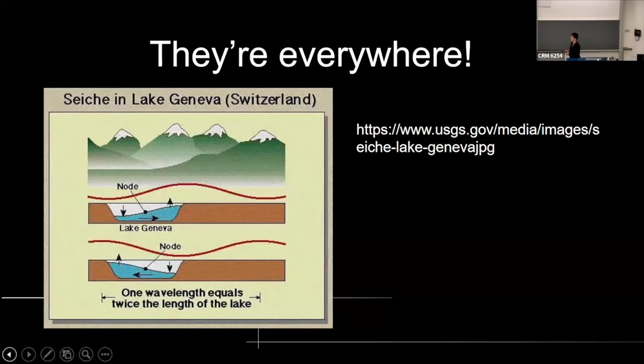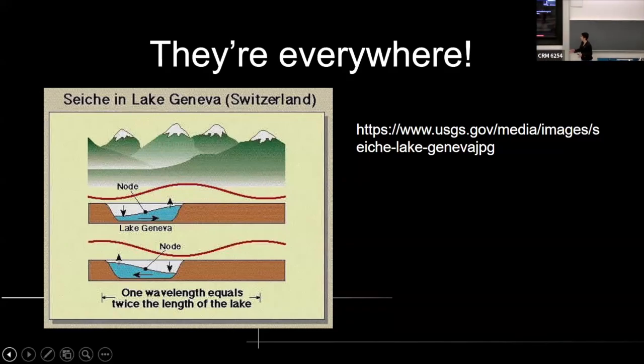Standing waves really, truly are everywhere. So they are found in lakes. You can have something called a seiche. It's a standing wave that shows up when you have a body of water over sort of a shallow bed.